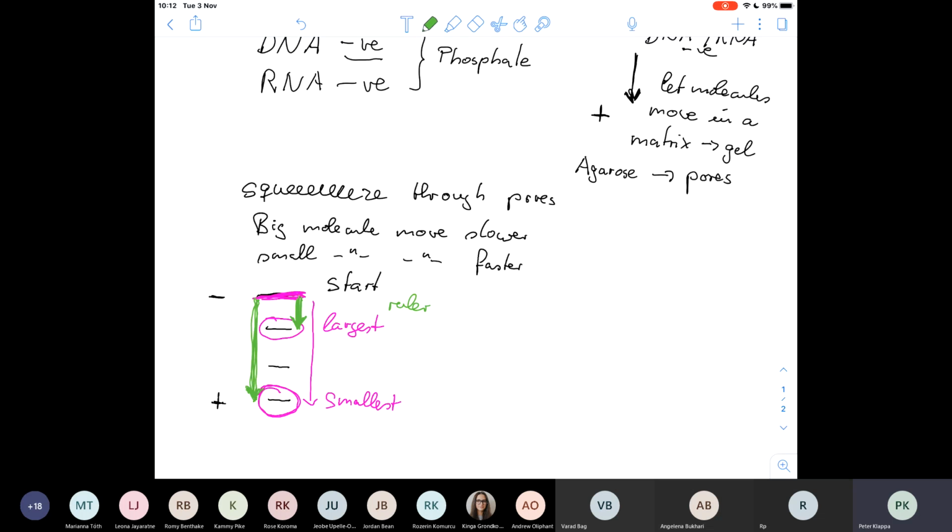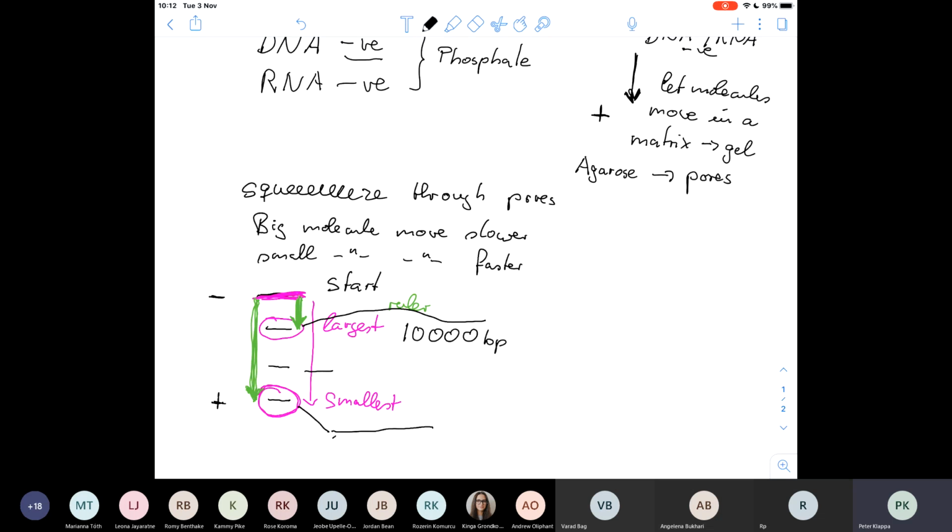And if you know the fragment sizes, if you know how big these fragments are, then you can create a standard curve. How can you do that? Let's say this molecule here has 10,000 base pairs. This is really big.